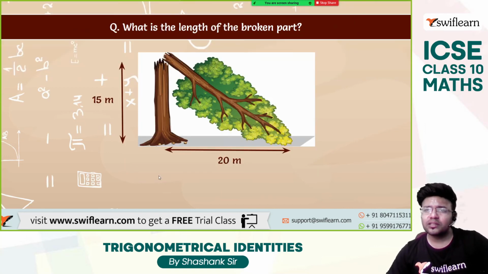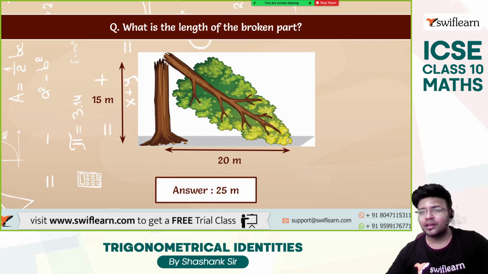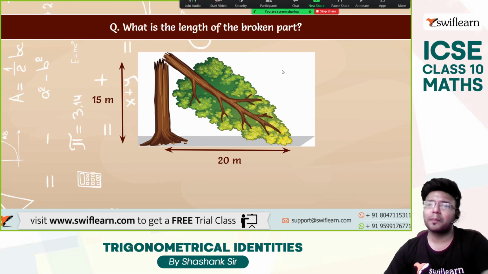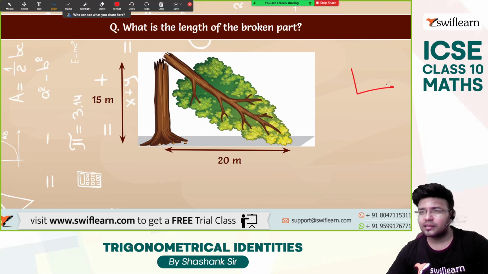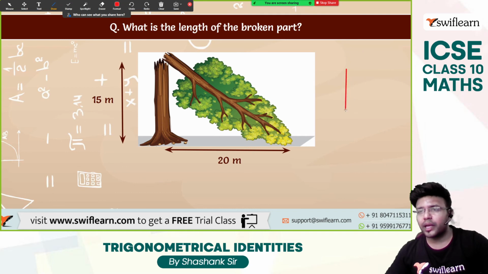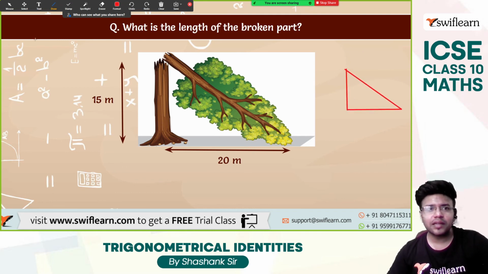What is the length of the broken part? Okay, so the length of the broken part using Pythagoras theorem. This can be assumed as a right-angled triangle. So perpendicular is 15 and the base length is 20. Find the other side from the Pythagoras theorem.